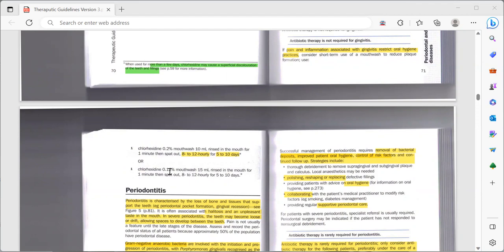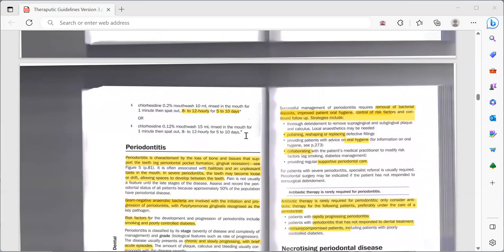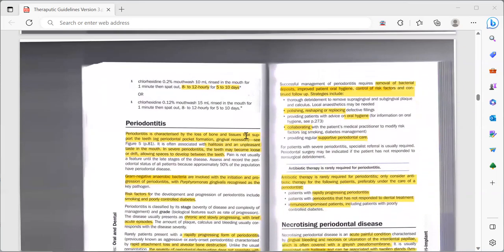But for the chlorhexidine 0.12%, its concentration is relatively lower, so you can ask your patient to use 15 ml, rinsed in the mouth for 1 minute, then spat out, 8 to 12 hourly for 5 to 10 days.